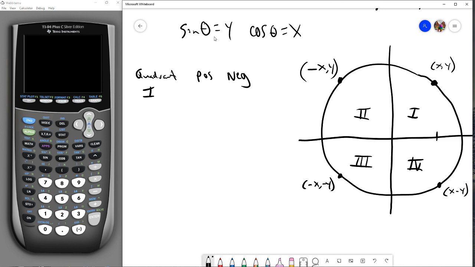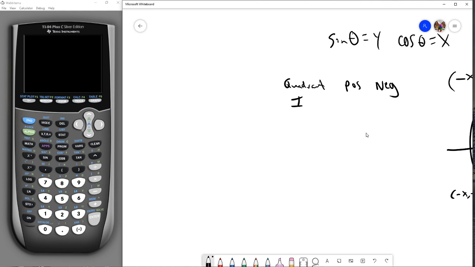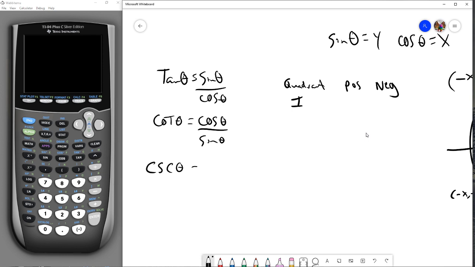Tangent theta was equal to sine theta over cosine theta. Cotangent theta is equal to cosine theta over sine theta. Cosecant theta is equal to 1 over sine theta, and secant theta is equal to 1 over cosine theta. There's our reciprocal identities, most of them.